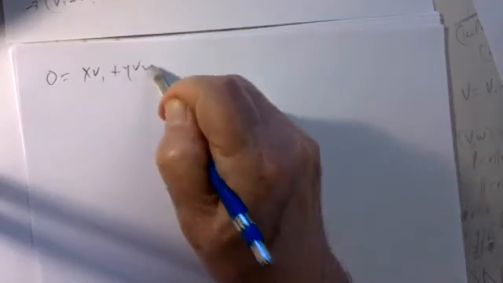So let me just say what the next step would be. 0 is xv1 plus yv2.